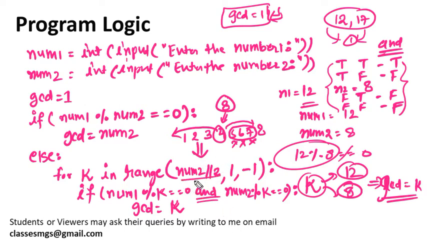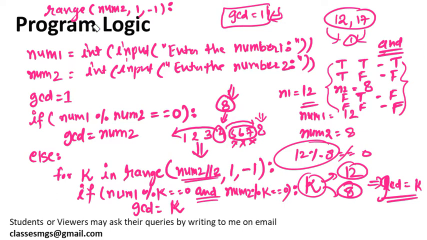That's why we divide number 2 by 2. Any number greater than half will not divide this number, so why should we unnecessarily apply the loop from 8? You can also write it like this, and some students might get confused here: range of number 2, comma 1, comma -1. But number 2 minus 1 is what you need to start from, because 8 will always divide 8, so we do not take that condition.